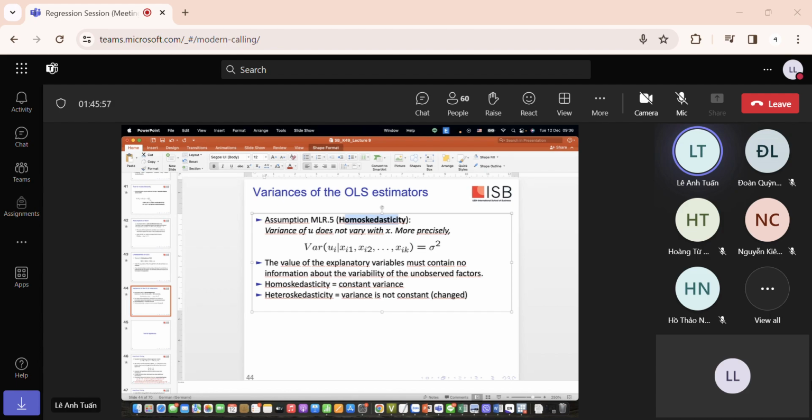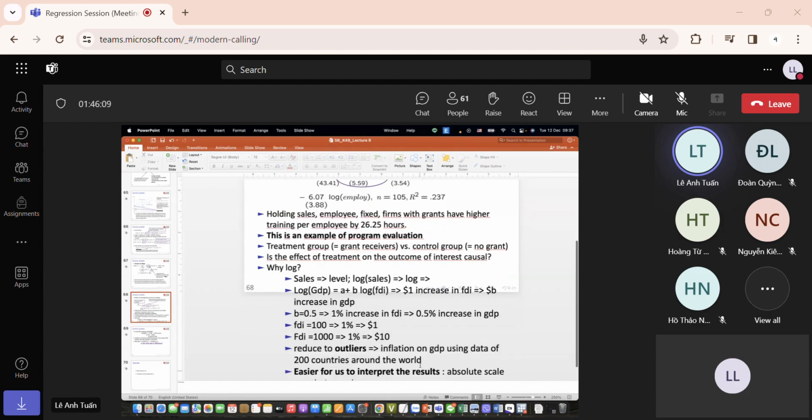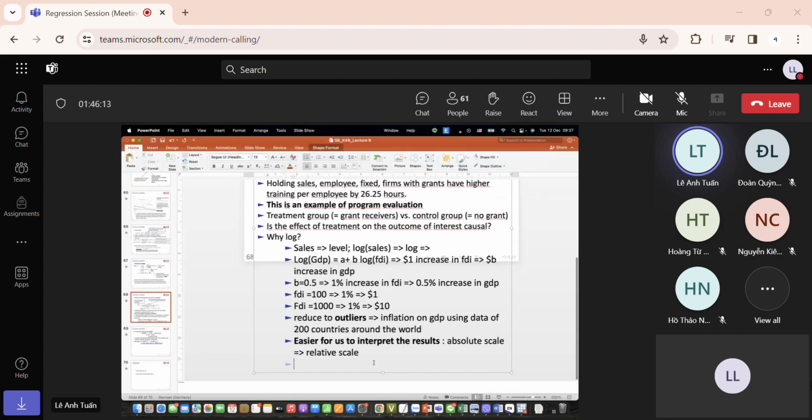And sometimes, if we take the log of one variable, we can get homoscedasticity. So here we have to reduce outliers, make the result easier to interpret, and maybe to get homoscedasticity. So actually we have at least three reasons why we need to take the log of one variable.